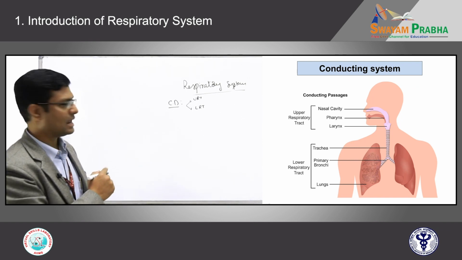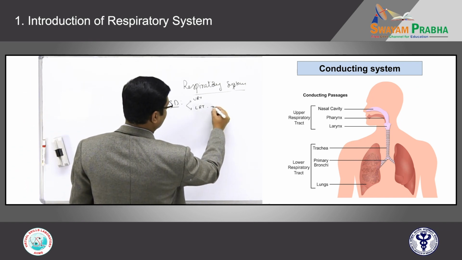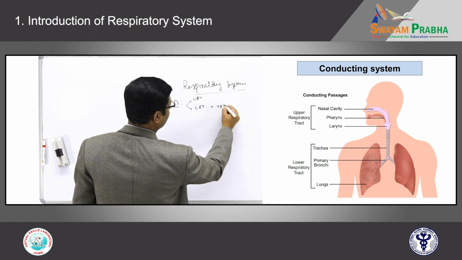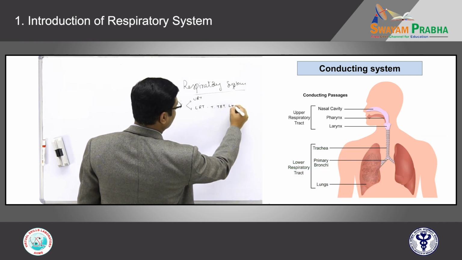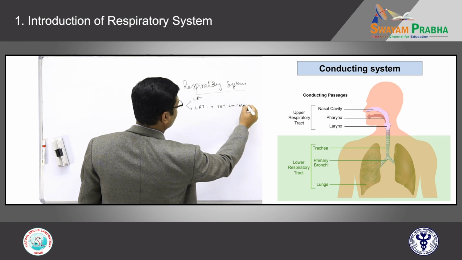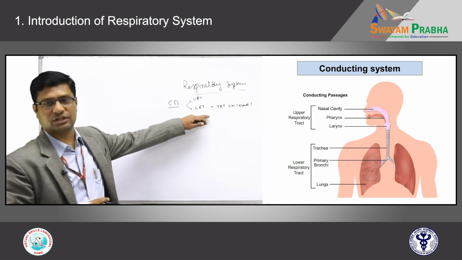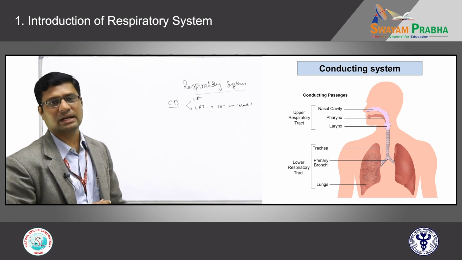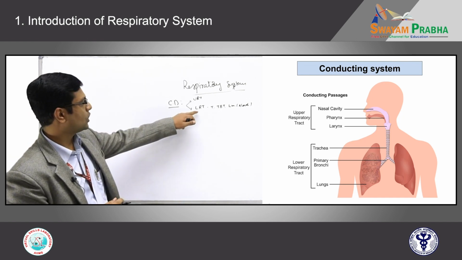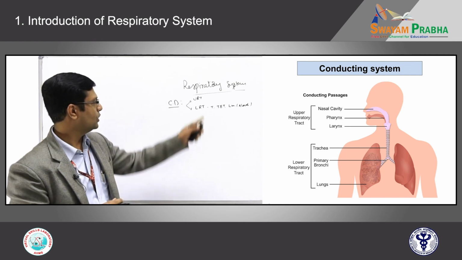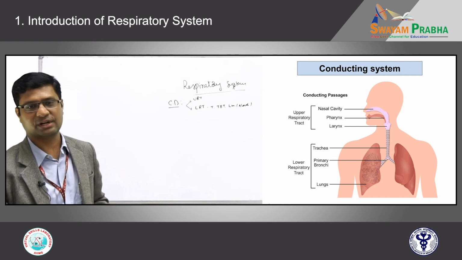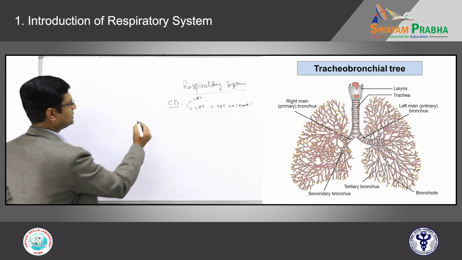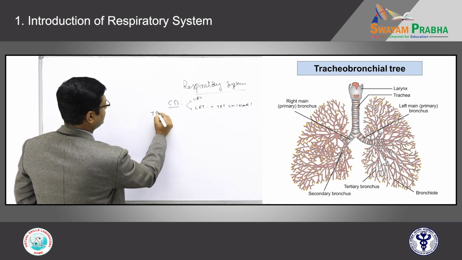Below the level of the larynx, that means the trachea, tracheobronchial tree and lung parenchyma, that is alveoli, all these structures we call the lower respiratory tract. Because we are concentrating on lungs, we will talk about the lower respiratory tract now, not the upper respiratory tract. Let us see how the tracheobronchial tree looks.